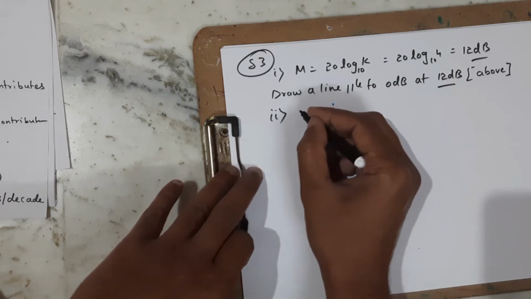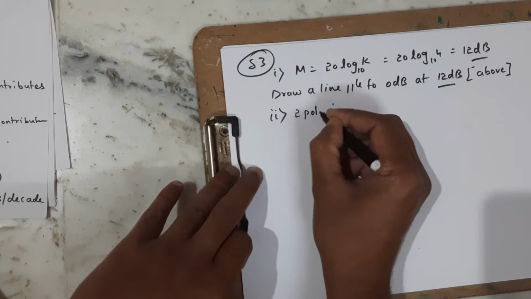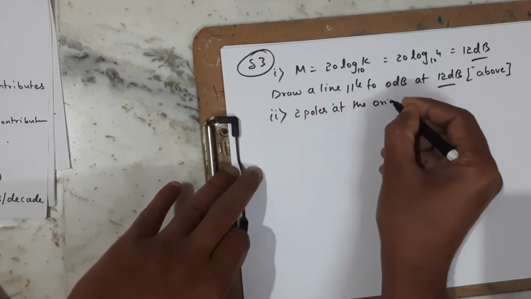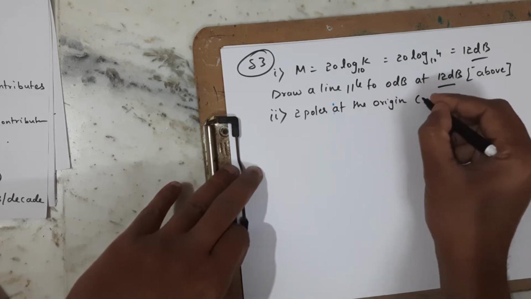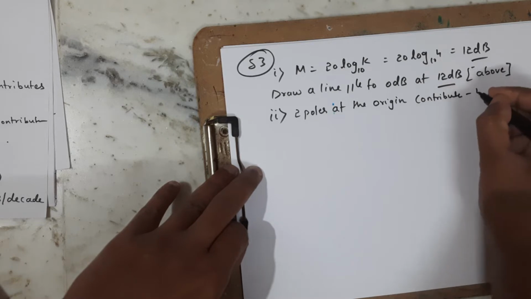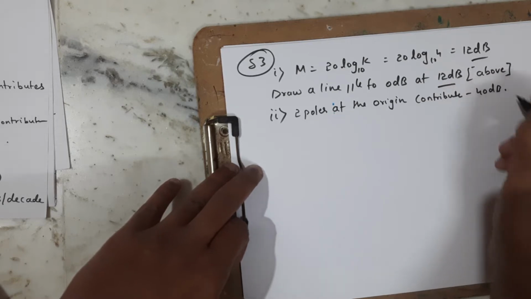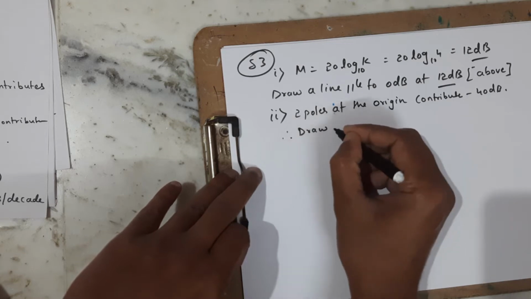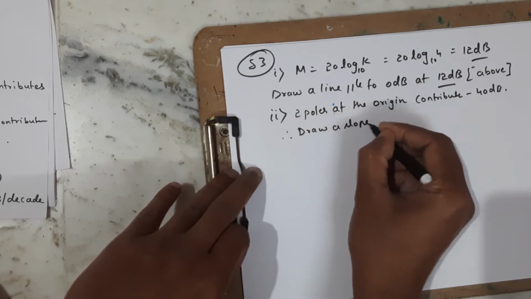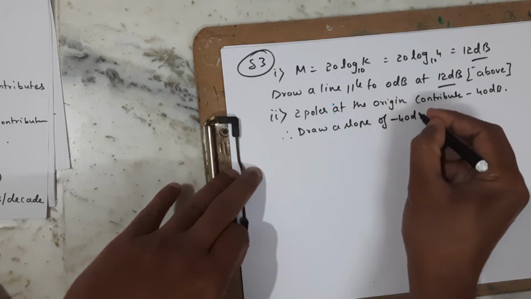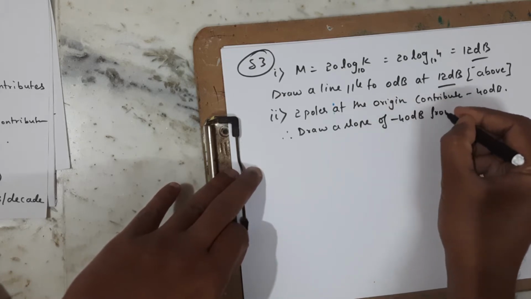We have 2 poles at the origin. Contributes how much? Contributes minus 40 dB. Therefore draw a slope of minus 40 dB from where?